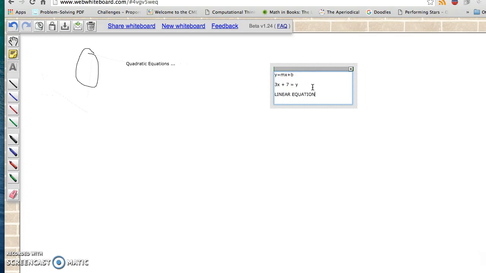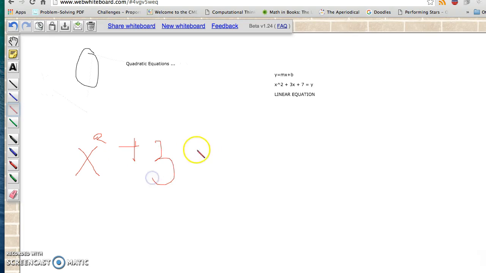But when you add an x squared term to it, that's when you're like, oh, now I've got a quadratic equation. You can write them like x squared plus 3x plus 9. Oh my God, my handwriting is awful, totally ratchet, right?